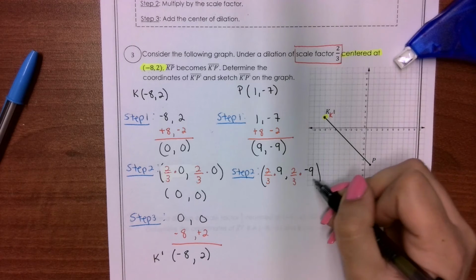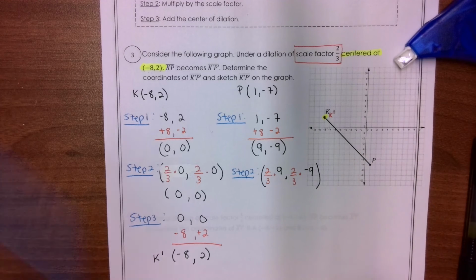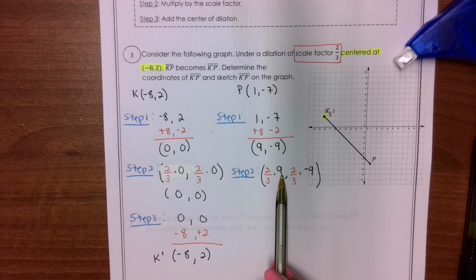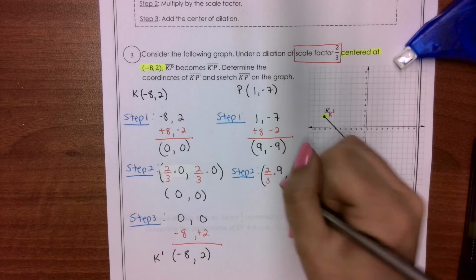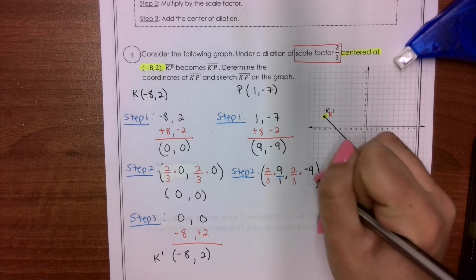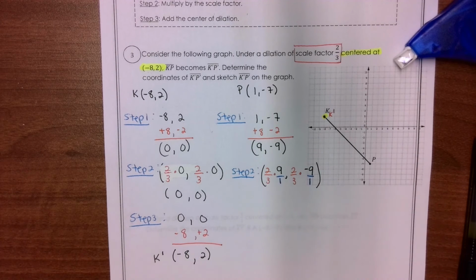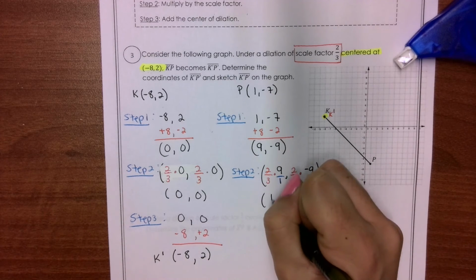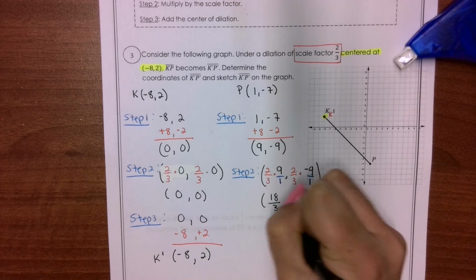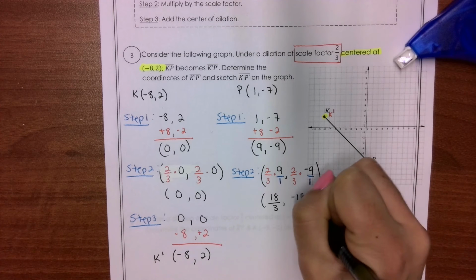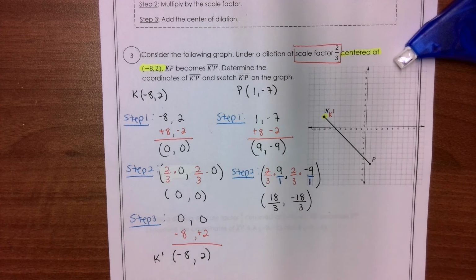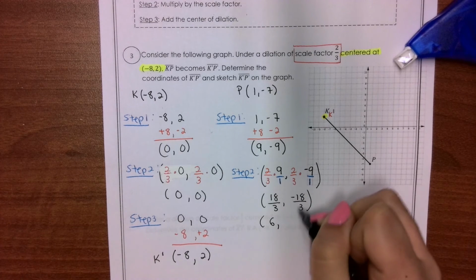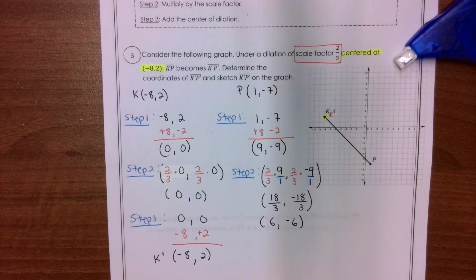Sometimes I will put parentheses on the -9, other times I won't. In this case, I have to multiply it. I have a fraction, and this is not a fraction, so we could put any number over 1. That way now we can multiply the numerator, which will be 18, and then the denominator, which is 3. That'll give you -18 over 3. Now, we could reduce this. 18 over 3 is 6, and that becomes -6.